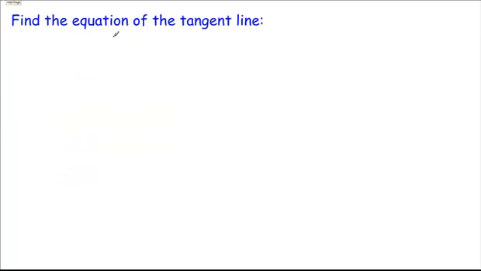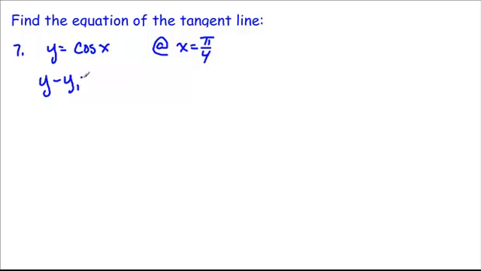Let's look at one other type of example. I want to find the equation of the tangent line. I'm going to call this example 7. Y equals cosine x, and we want to find the tangent line at x equals pi over 4. To find the equation of the tangent line, we need to build our point-slope formula.